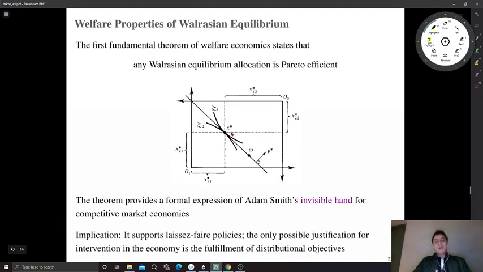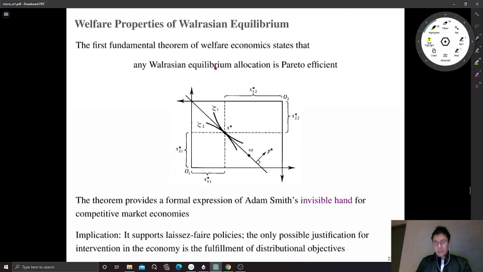In this case, this welfare theorem is quite straightforward. If we recall the first condition of Walrasian equilibrium, it requires both consumers to choose bundles so as to maximize their own utility.